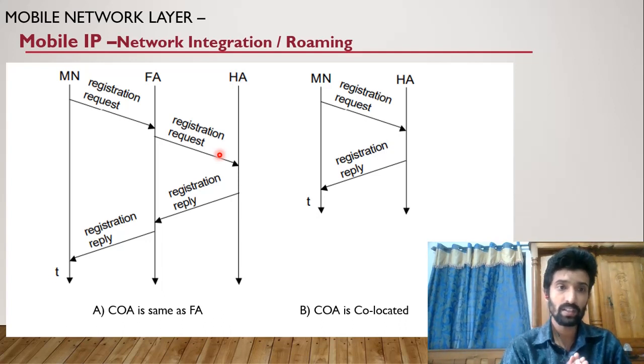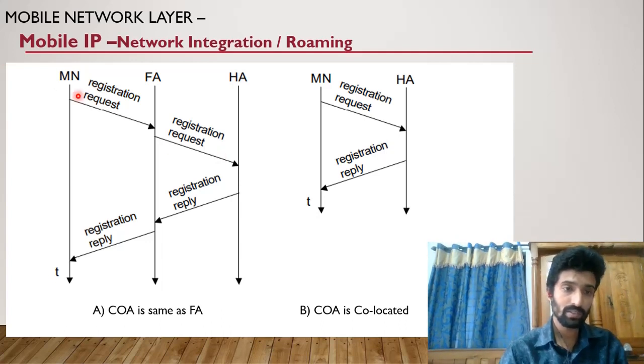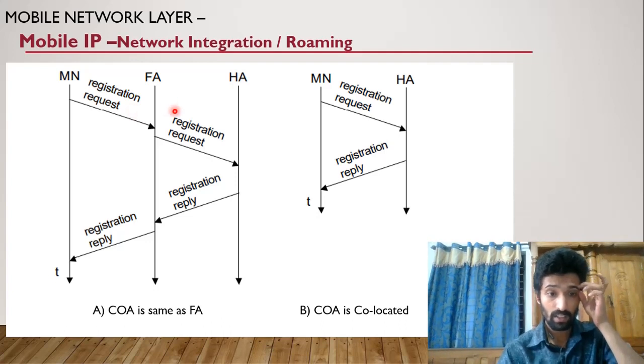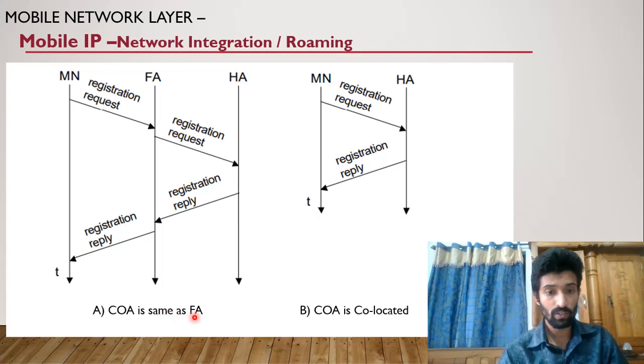So whenever a new communication happens, the care of address is the address of the foreign agent, and the foreign agent is always there to give the packet to the mobile node. Any request from the mobile node to the outside world has to go through the foreign agent, and every communication from the outside world to the mobile node has to come through the foreign agent. So the COA, the care of address, will be the address of the foreign agent.